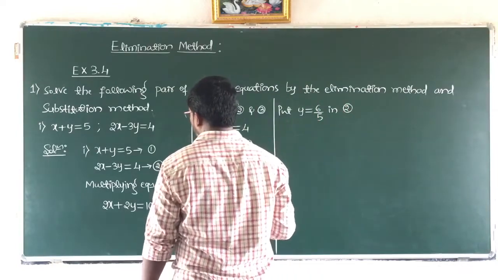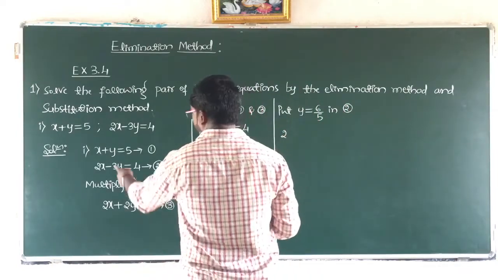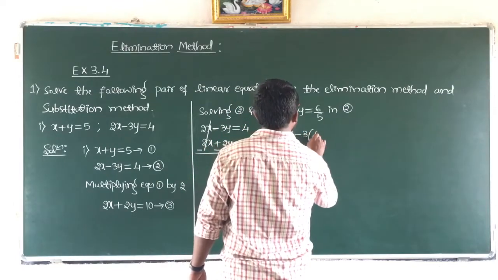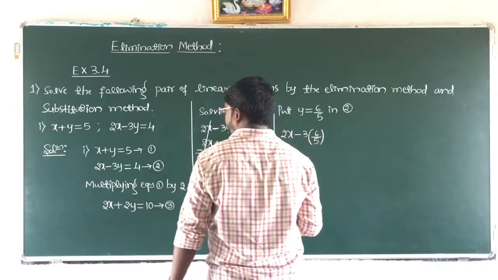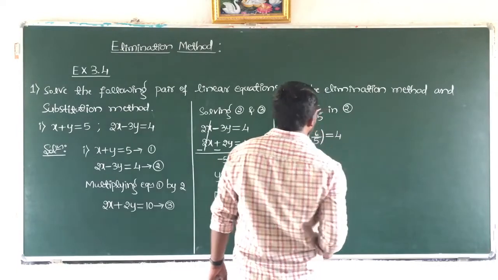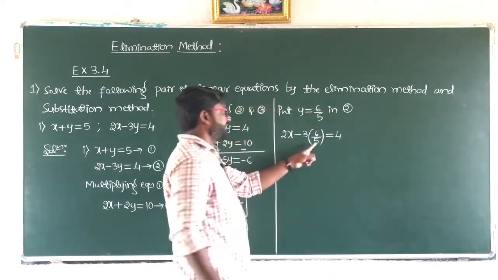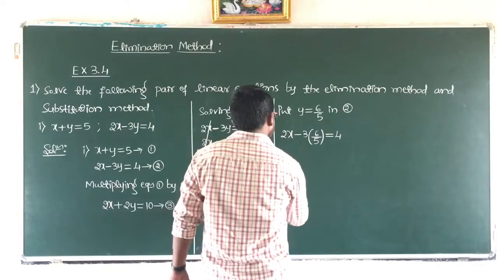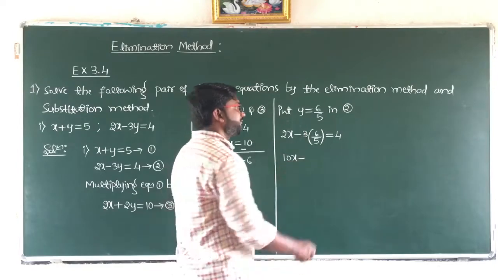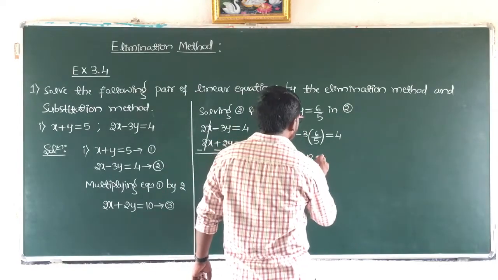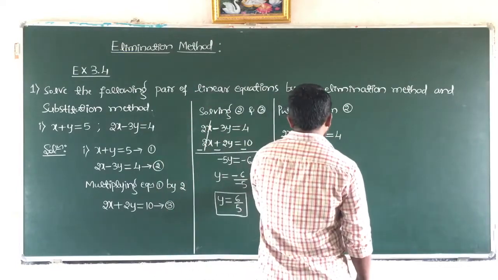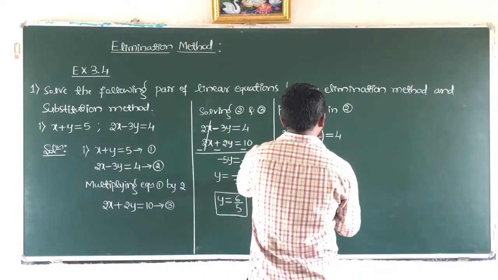So what do we get now? 2x minus 3y, that is 3 into 6 by 5, equals 4. Now take up the LCM. 5 will be multiplied with this. We get 10x minus, multiplying 3 with this, 18, equals, taking 5 to the RHS, it is multiplied with 4. We get 20.